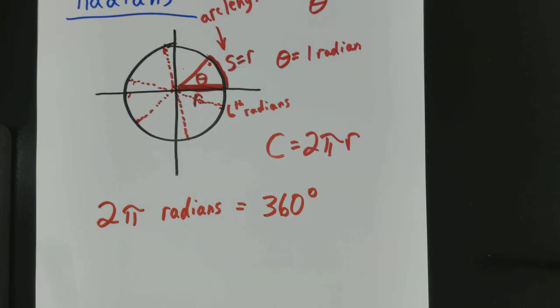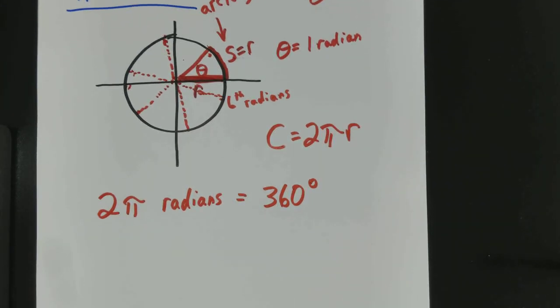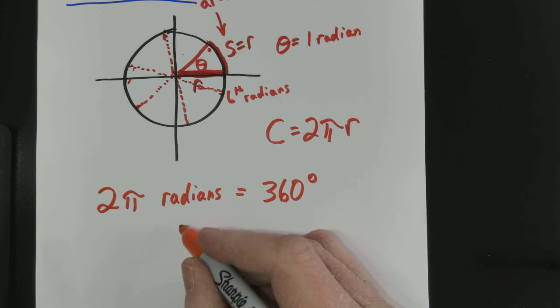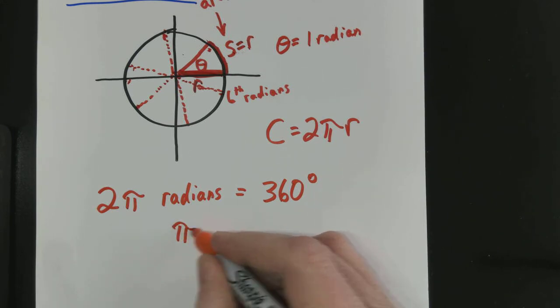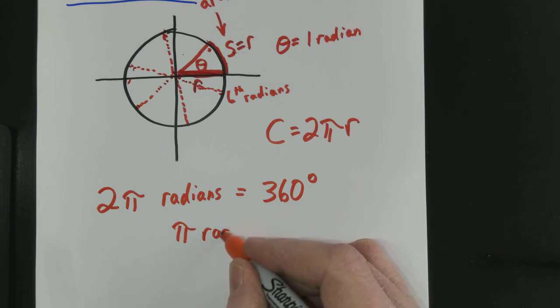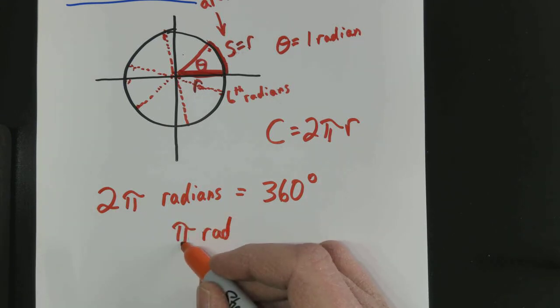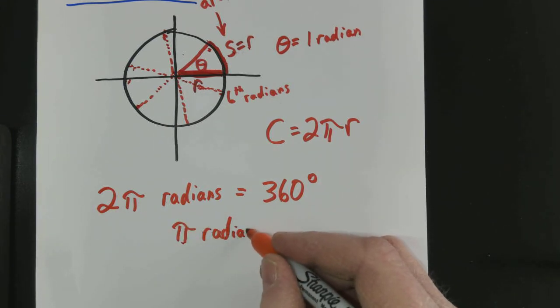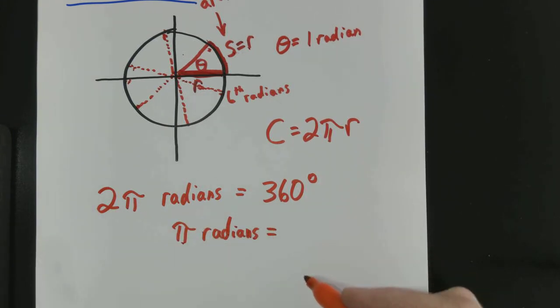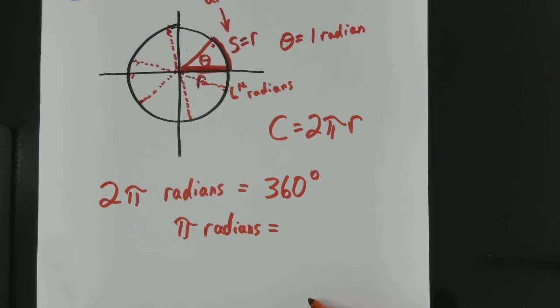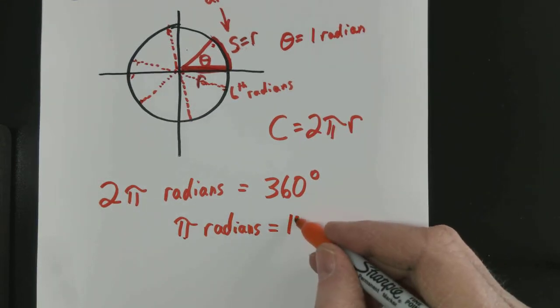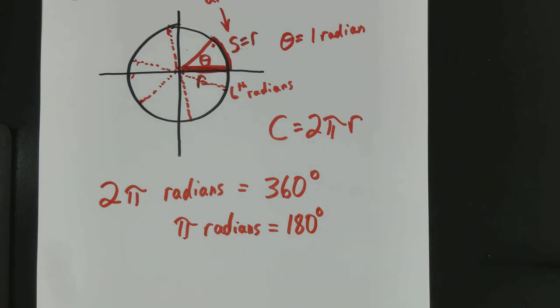And if I divide both sides by 2, 2 pi divided by 2 is pi radians equals, and this is what Lance kind of led us to, 180 degrees. You with me there?